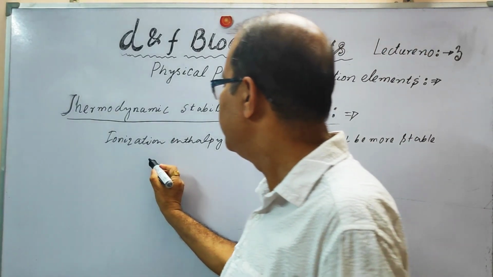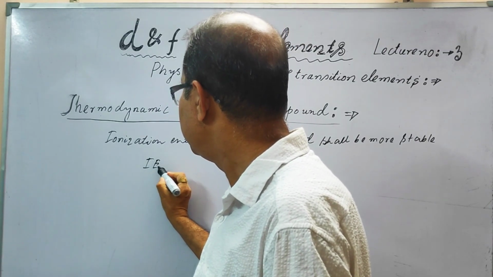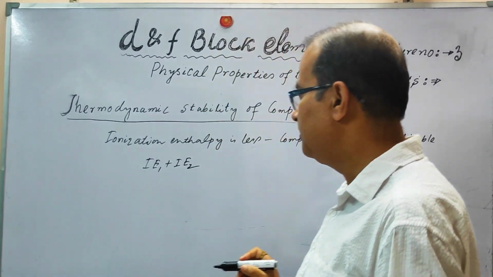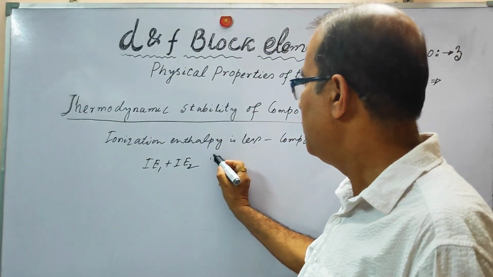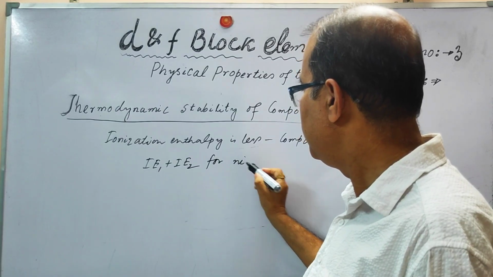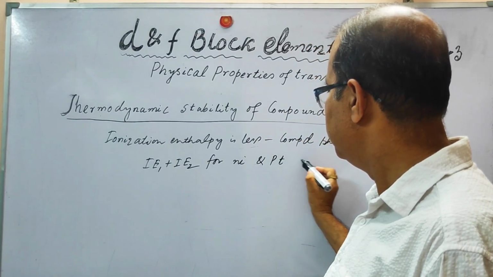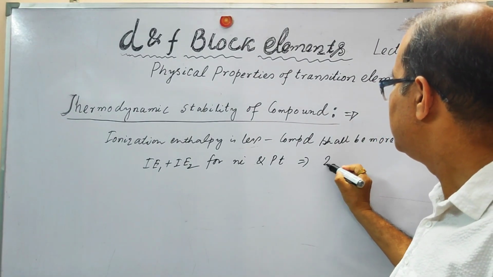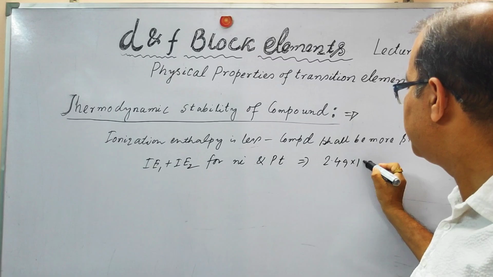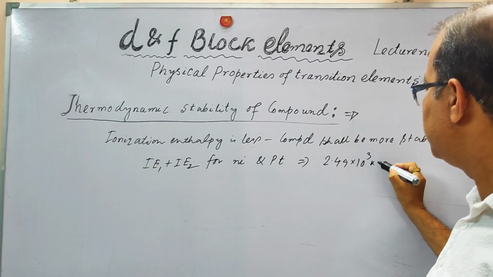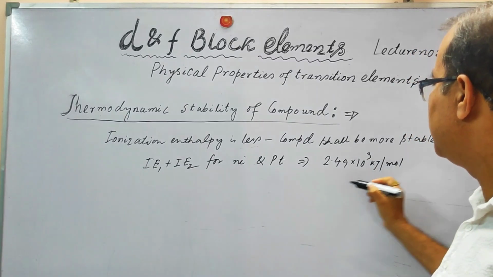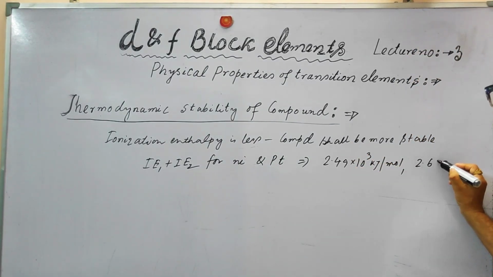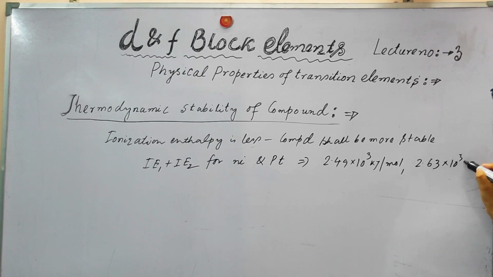As for example, the sum of the first ionization enthalpy plus the second ionization enthalpy for nickel and platinum is given: one is 2.49 x 10^3 kilojoule per mole, and platinum has 2.63 x 10^3 kilojoule per mole.